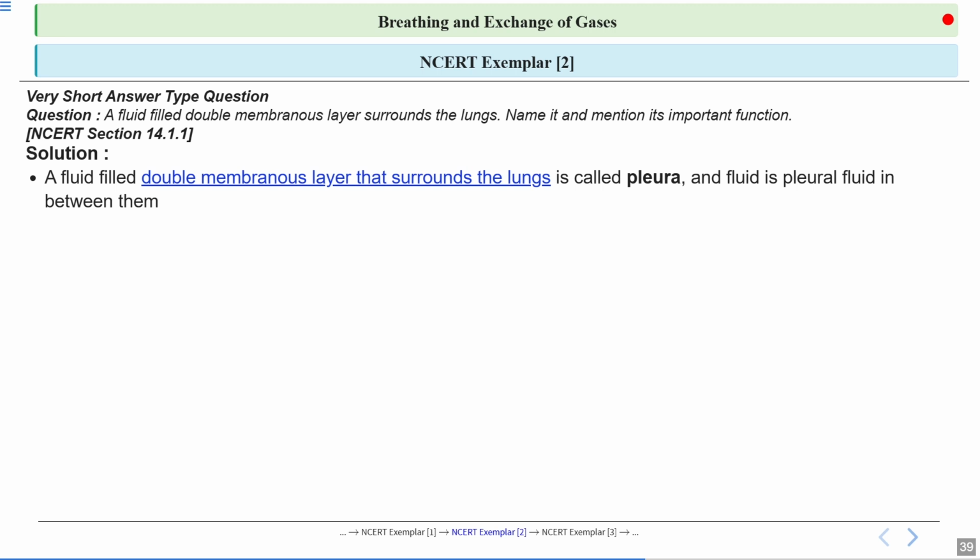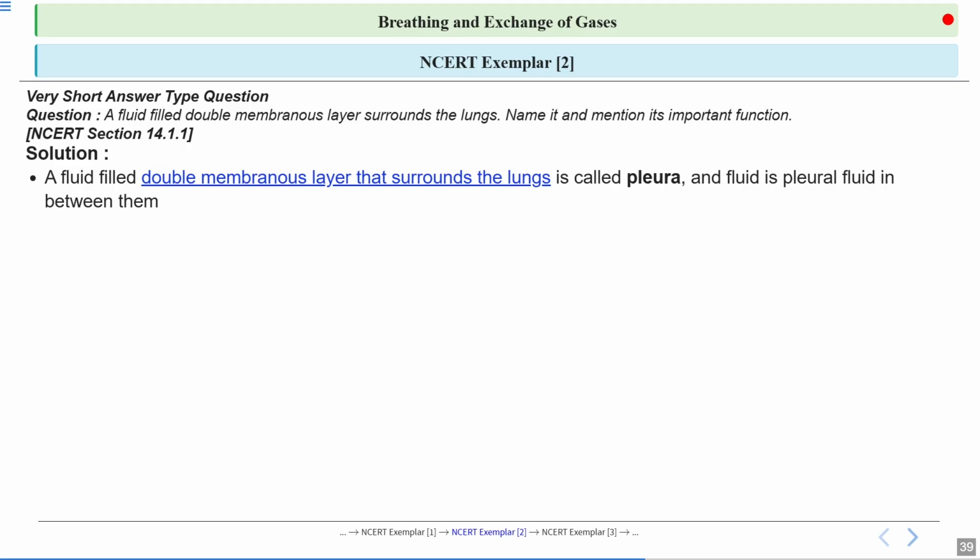So we need a lot of protection. That is why your brain is placed in the skull, protected by the very hard bone, right? And similarly, our heart and lungs are present in the rib cage.